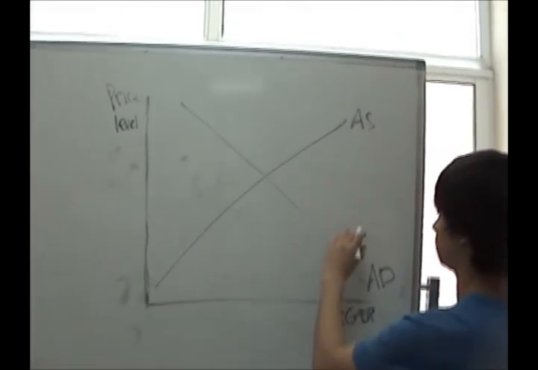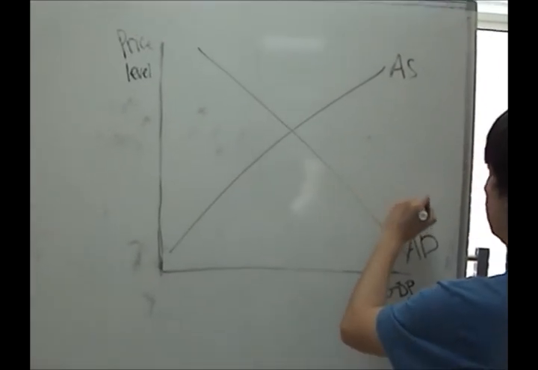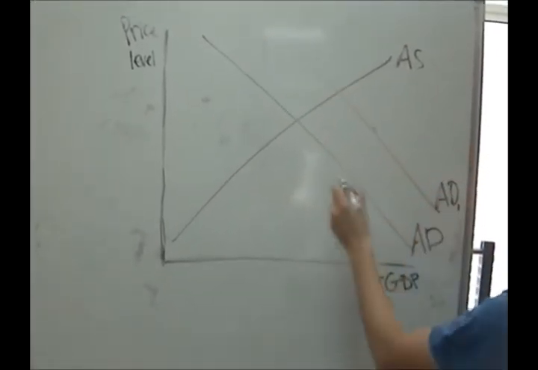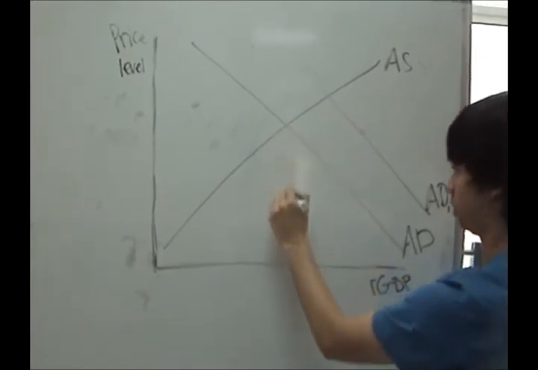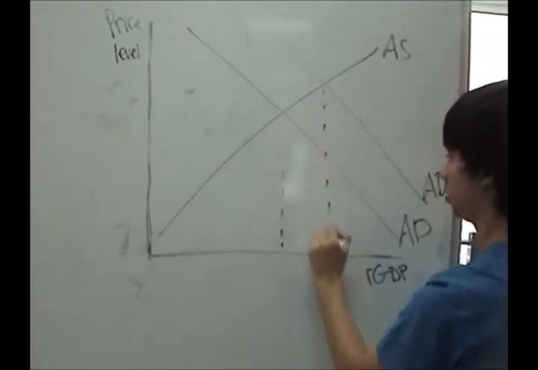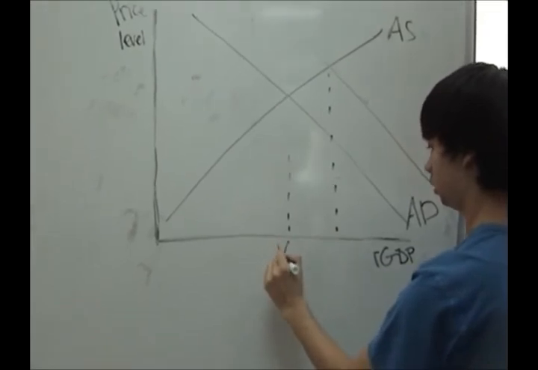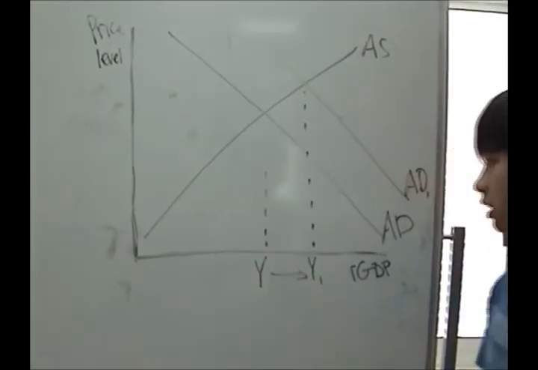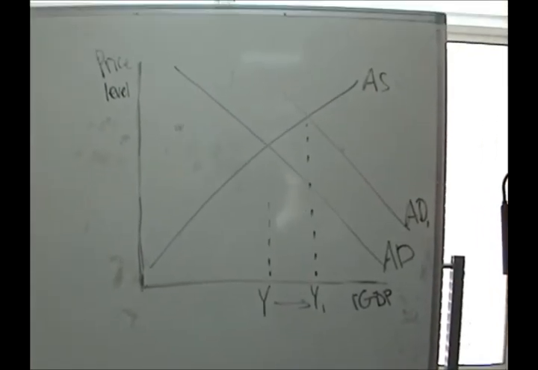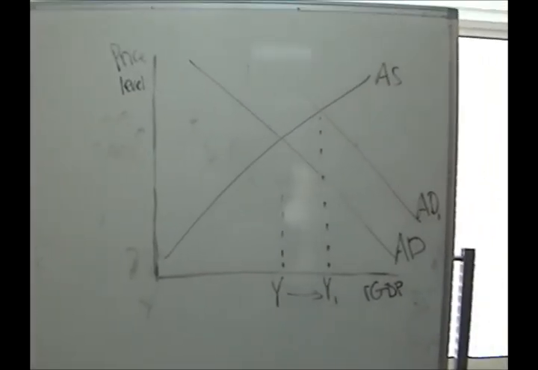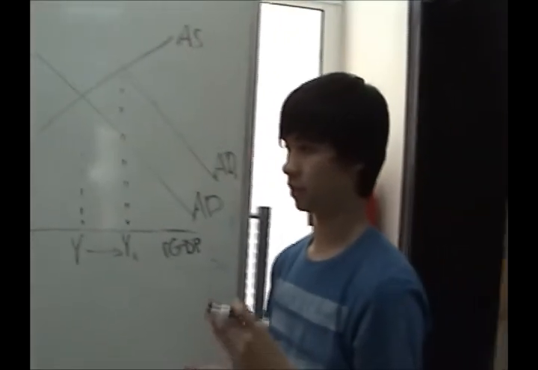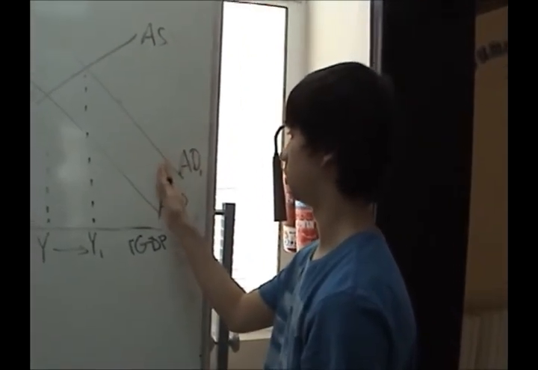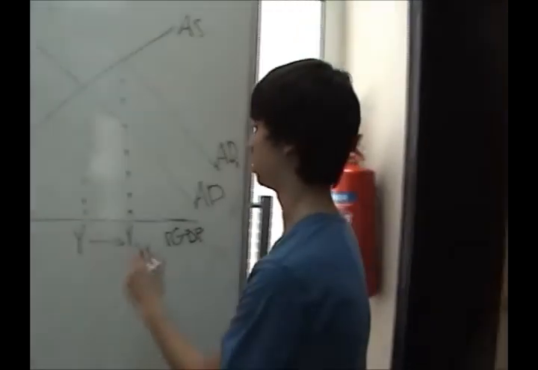Because, let's say for example, the AD curve shifts to the right, there's an increase in real GDP, which could be seen as economic growth, but there are things called automatic stabilizers, like taxes and government transfers, that cause this shift to be cancelled out.